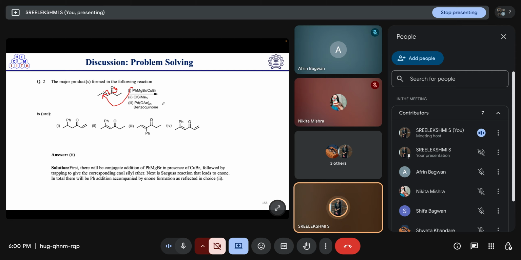Then this oxidation will take place, which results in the formation of enone. Is it clear?